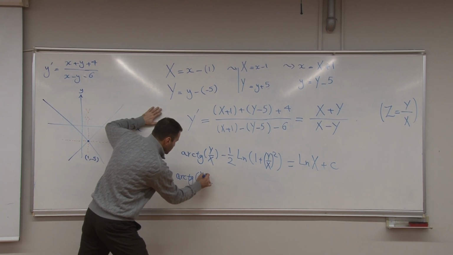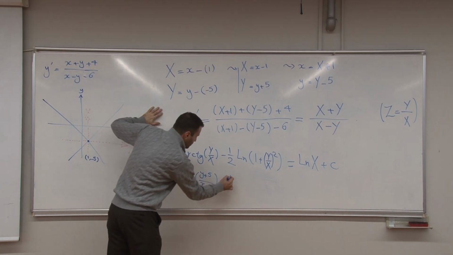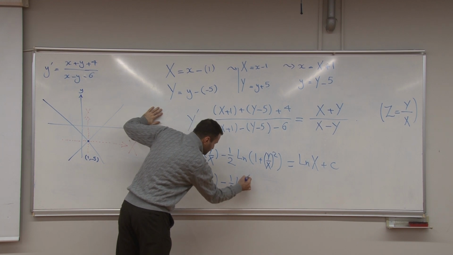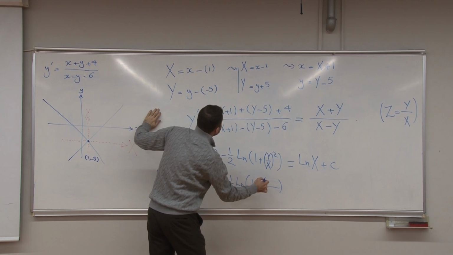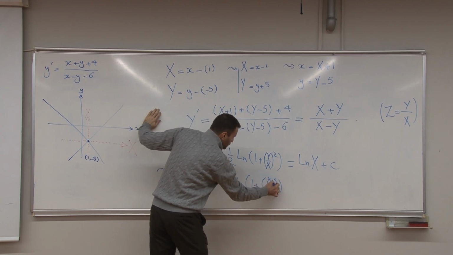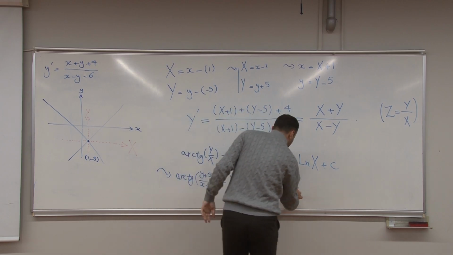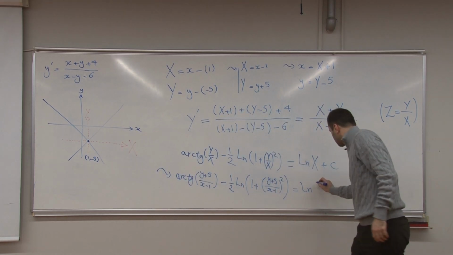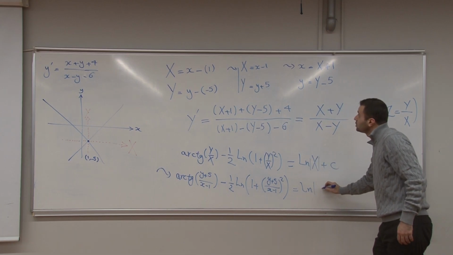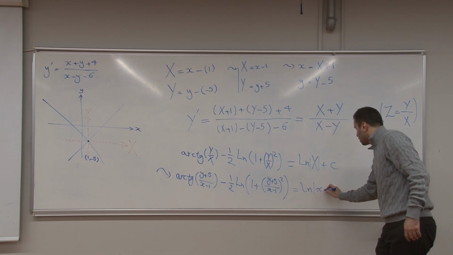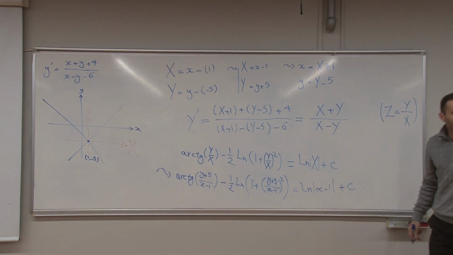Yes, y plus 5 over x minus 1, minus 1 over 2 ln of 1 plus y plus 5 over x minus 1 to the power of 2, equal to ln of, let me also write the absolute value because I'm not sure about it, x minus 1 plus c. Finally, we are done.